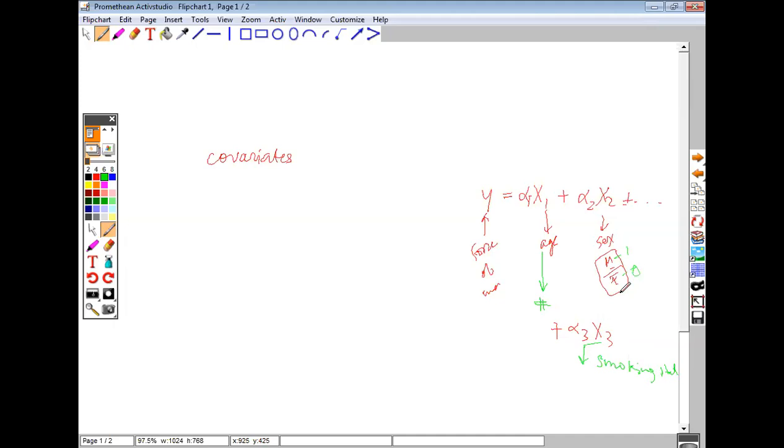But sometimes I can also divide it into many more subcategories, by saying whether a person is a chain smoker, just a smoker, or an occasional smoker and so on. So maybe I can provide a scale from 0 to 5 and ask people to categorize how much they are likely to smoke. So this particular x3 can take values 0, 1, 2, 3, 4, 5, and so on.